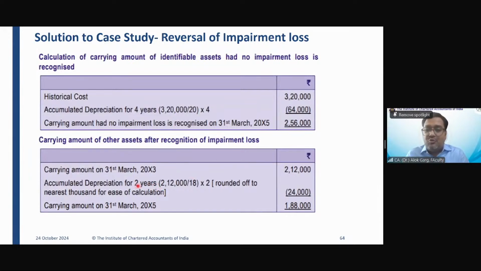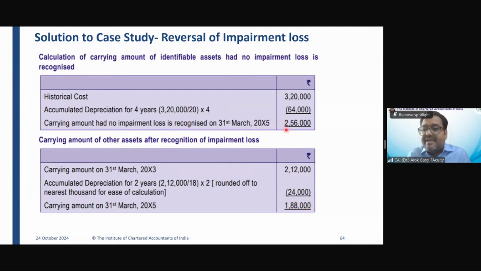So what is my existing carrying value as on 31st March 2005? 2,12,000 divided by 18 multiplied by 2, 24,000. So my existing carrying value as on 31st March 2005 is 1,88,000.